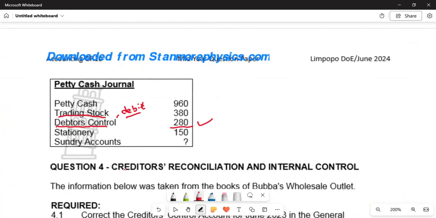It increases our stock on the debit side. Petty cash, we have stationery of 280, and then supposed to be 380. So as we can see, these are all what we were to record under the trading stock. So now let us go straight to the answer book.